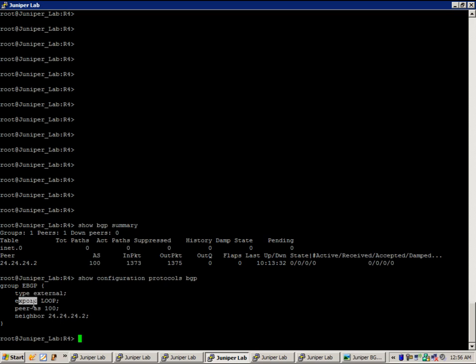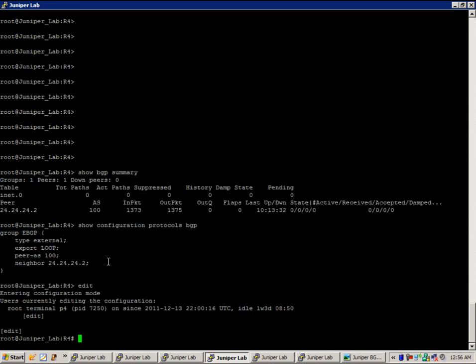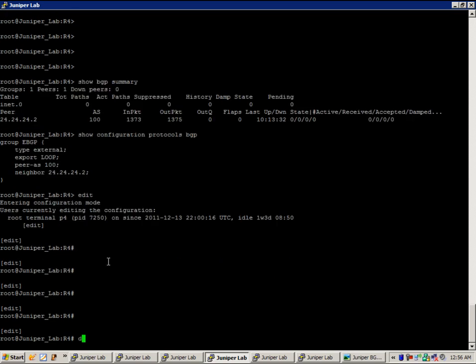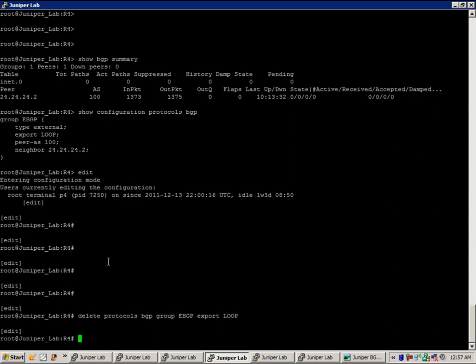We're exporting our loop, which is... Actually, let's go ahead and do this real fast. Under R4, let's do a delete protocols BGP group eBGP export loop. Then we'll also do the command, let's do a show.